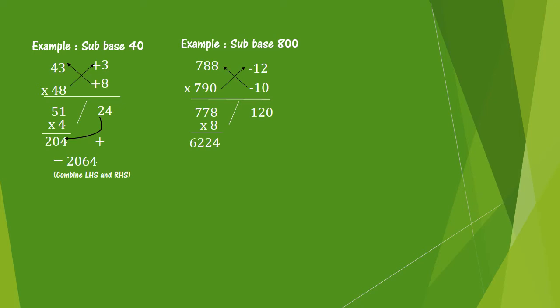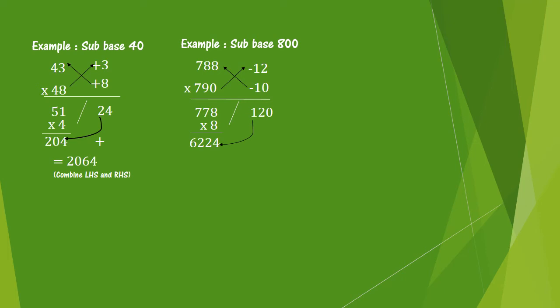Again we have to see our right hand side. We have 3 digits in this example. But in our subbase we have taken the base as 100. So, in simple words, how many zeros are there in our subbase? 2 zeros. So we have to have only 2 digits in our right hand side.